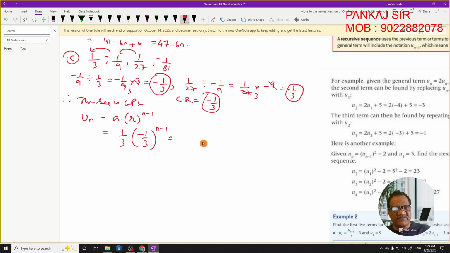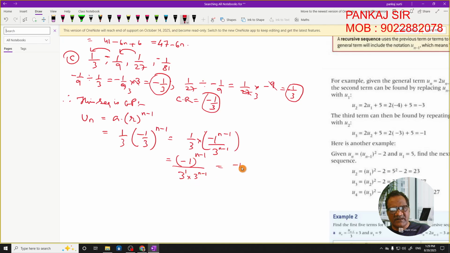Now let us simplify this. This can be written as 1 by 3 multiplied by minus 1 raised to n minus 1 upon 3 raised to n minus 1. This is equal to minus 1 raised to n minus 1 upon 3 raised to 1 into 3 raised to n minus 1.